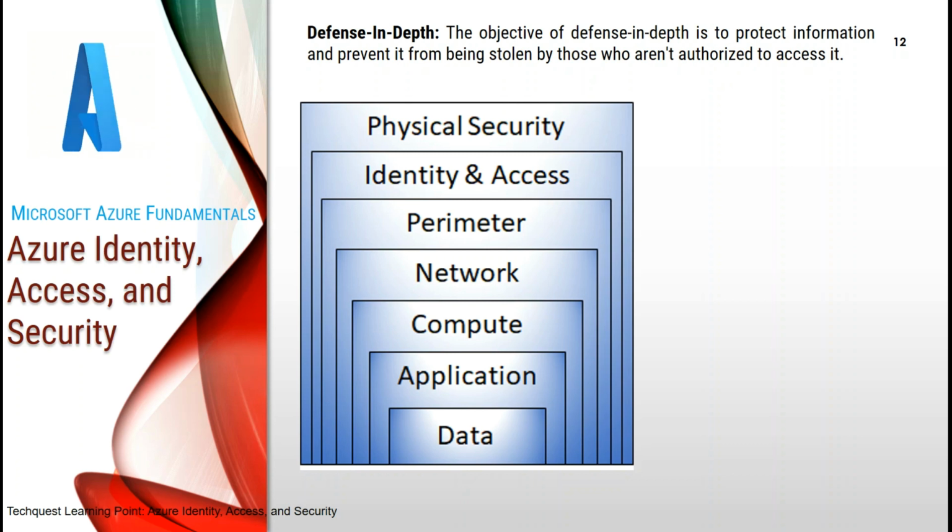You can visualize defense in depth as a set of layers with the data to be secured at the center and all the other layers functioning to protect that central data layer.